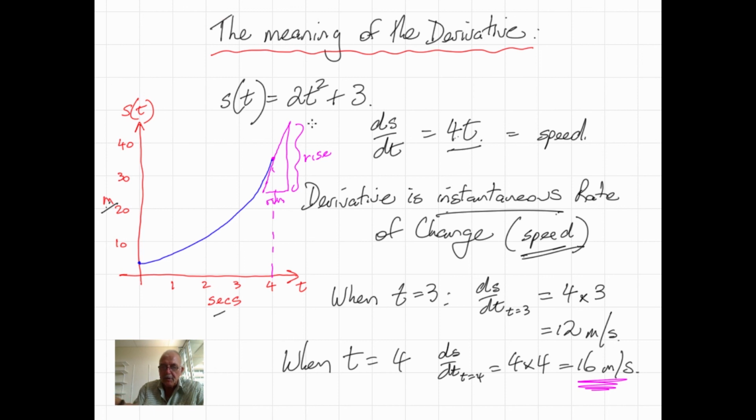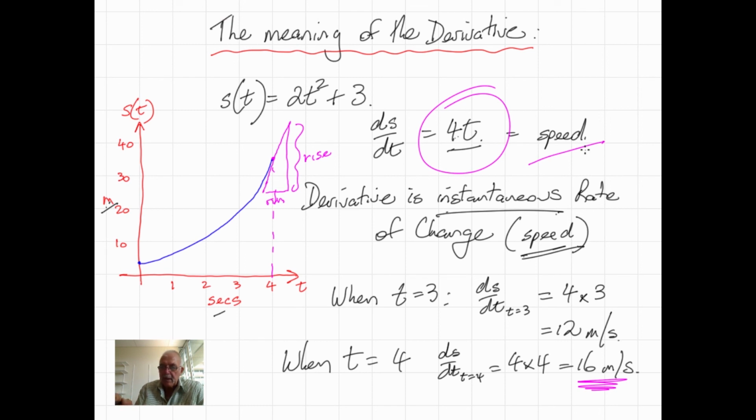We worked out from first principles that the derivative ds dt when s of t is equal to 2t squared plus 3 is equal to 4t. And in this case we had a distance time model going on, so the rate of change of distance over time is equal to speed.